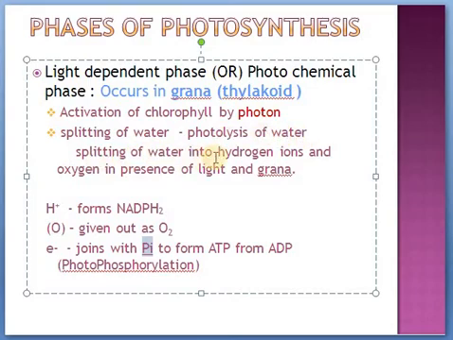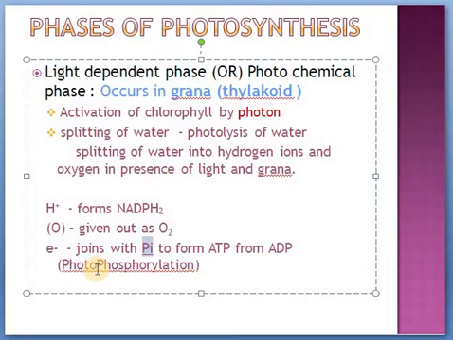Splitting of water into hydrogen ion and oxygen in presence of light and grana. Simple, right? Splitting up of water is the second process that occurs during light phase. The third process, photophosphorylation. What is photophosphorylation? Formation of ATP in presence of light is called photophosphorylation.